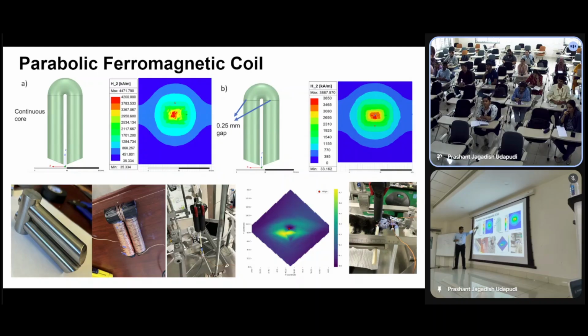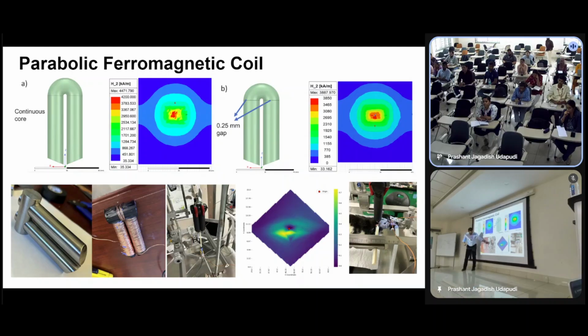So this was not possible because it's not that malleable or ductile. So we had to change our shape to something like this. Of course, the performance reduced a little, going from here to here, right? Now you wind the coils to generate magnetic field so that it goes through this point, which is focal.